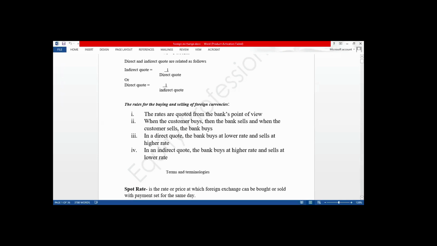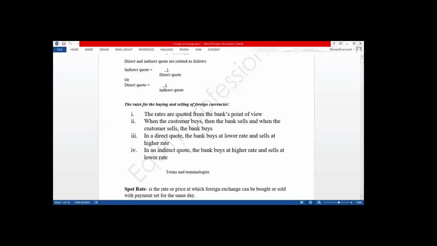Please note, when we say bank, we are referring to the authorized dealer. It could be an individual that is buying and selling. I can approach an individual to buy dollar. It is not a must that I must go to a bank. So when we are referring to the bank, we are referring to an authorized dealer.